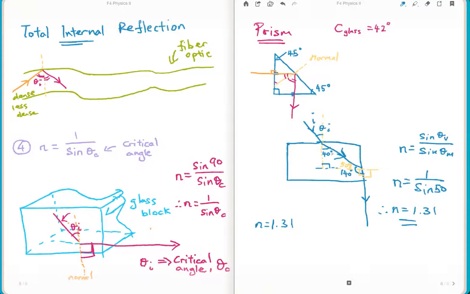So all you need to do, your sine theta in the vacuum or the air is therefore your n times your sine theta in the medium, which is 1.31 times sine 40. You should be able to find out this angle, otherwise you can't solve it. So therefore the incident angle in the vacuum would be somewhere around 57 degree.